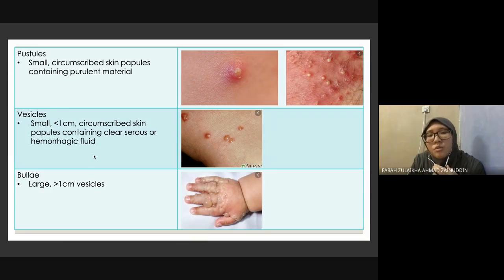Next is pustule. A pustule is quite similar to a vesicle, however it contains purulent material. A vesicle is less than 1 centimeter, small, and contains clear serous or hemorrhagic fluid, while a bulla is larger than a vesicle, more than 1 centimeter.